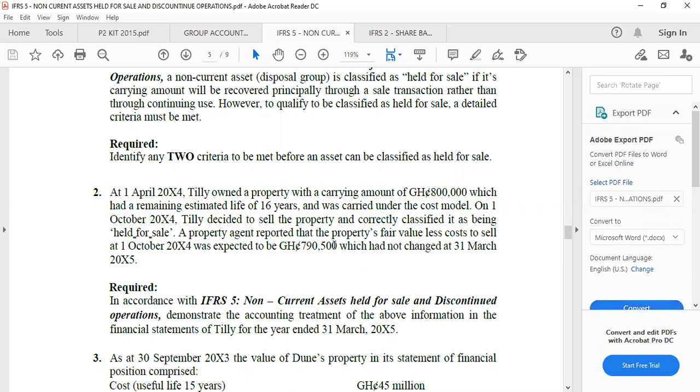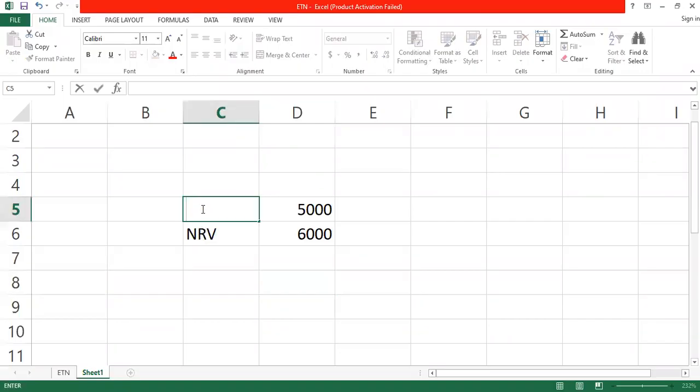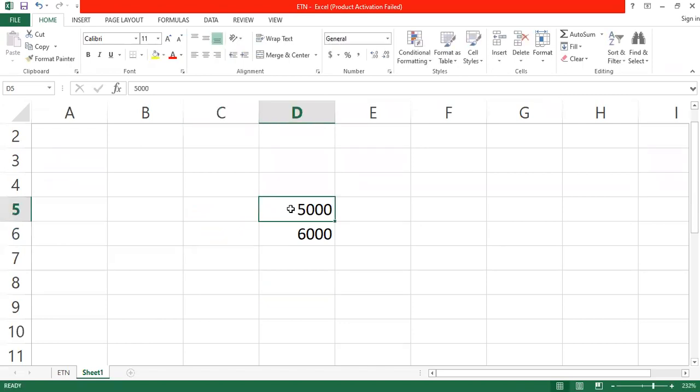So if you want to know the carrying value as at the date of October, what do we do? We depreciate for 6 months and take it from the value that we have at the beginning, isn't it? All right. So we need the carrying value and the net realizable value.